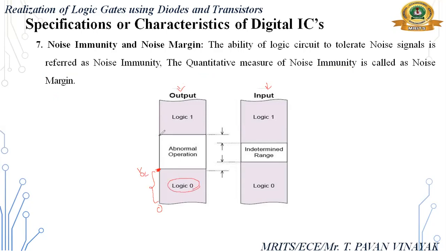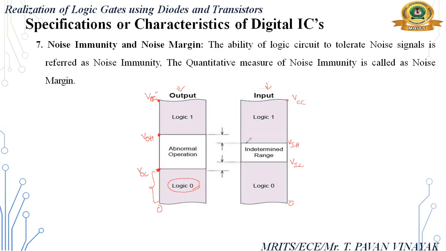And this is VOH, and this is VCC, the power supply voltage, which is the maximum. This is output 1. Next, for input, 0 to VIL, and VIH to VCC, the maximum power supply.